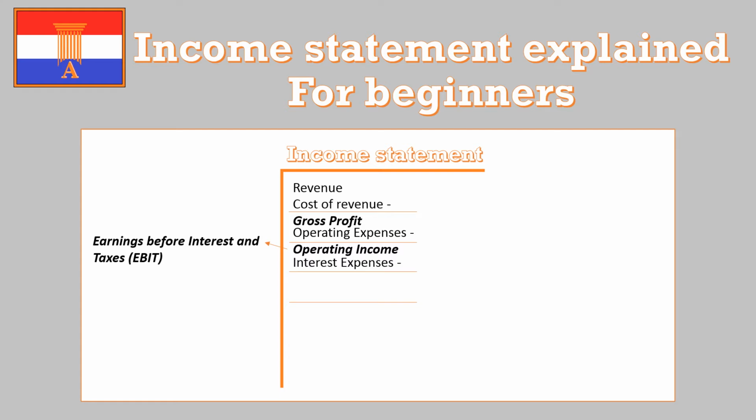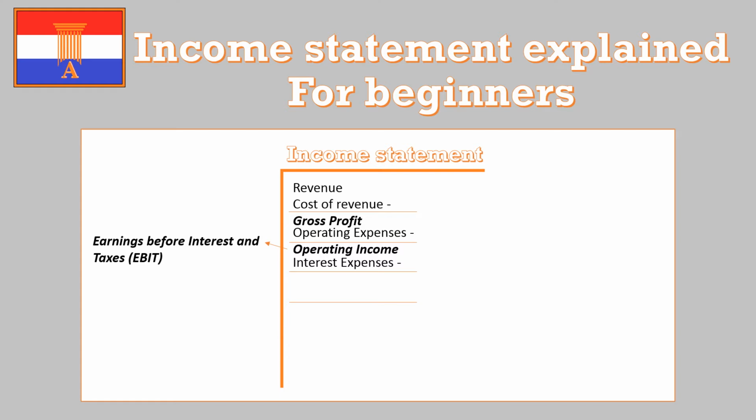Interest expenses. After the operating income, you will deduct the interest expenses. Interest expenses are if you have debt and you need to pay off the debt, you probably also are paying some kind of interest rate, and those are considered expenses, and those will be put in the income statement.